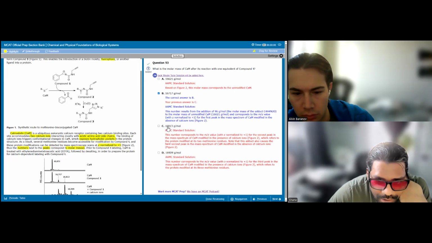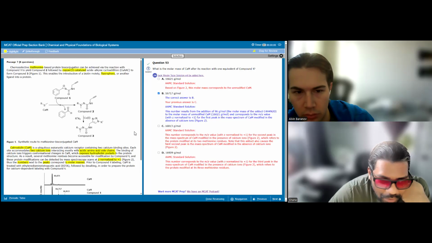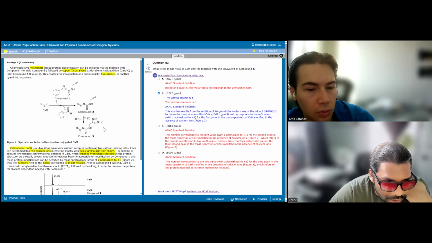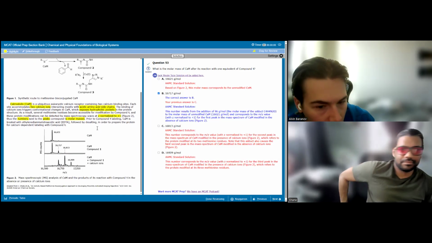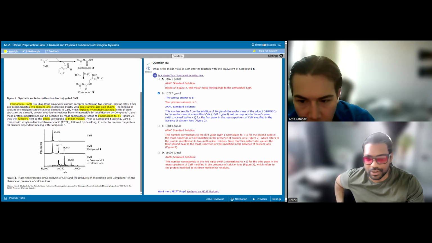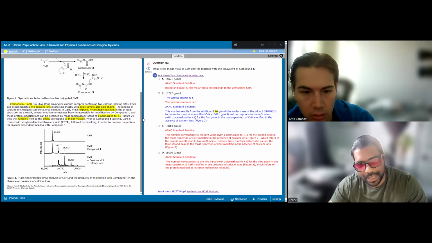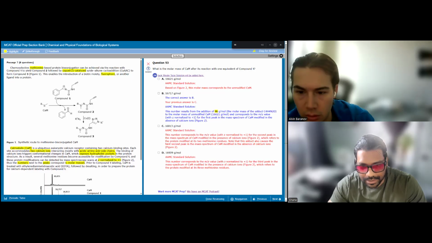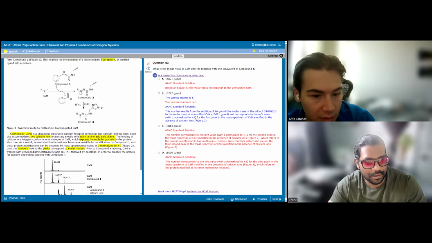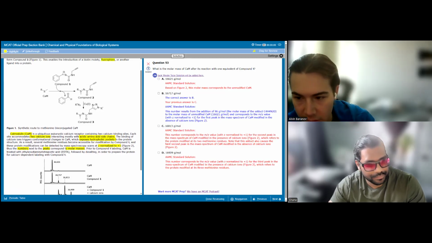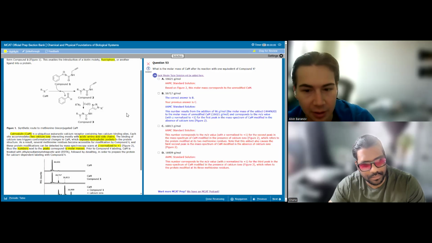Addition of 96 grams per mole. Wait, where did they give us 96? Do we actually have to calculate the molar mass then?